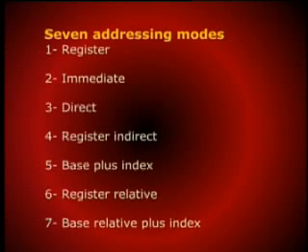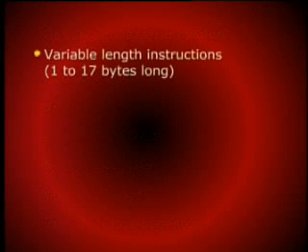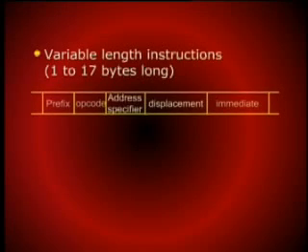The general format of the instruction is shown in the next slide. The length of the instruction could vary from 1 byte to 17 bytes. Generally, we have a prefix which was introduced in Pentium, followed by an opcode. The opcode is 6 bits long. Then we have some information about address specifiers.